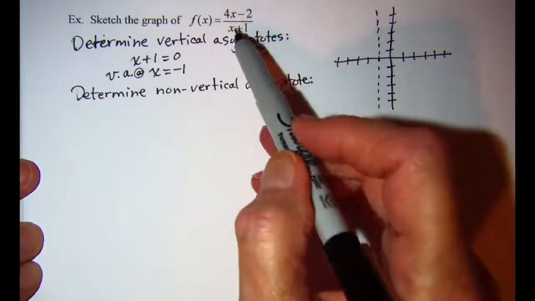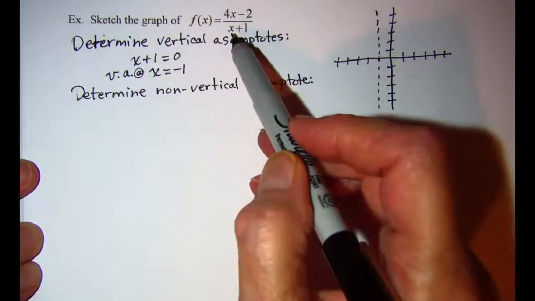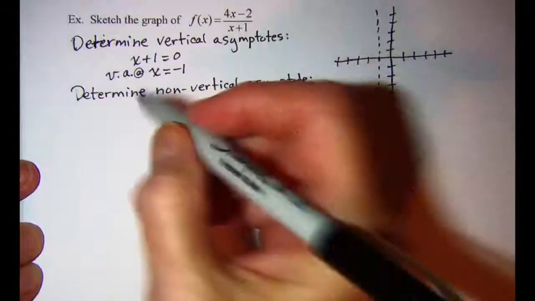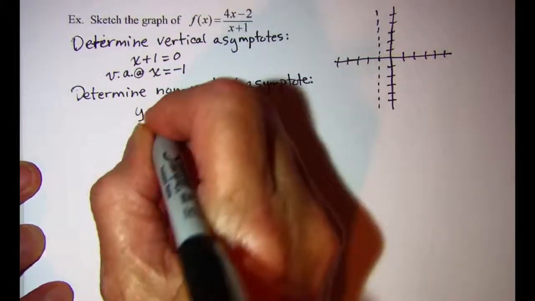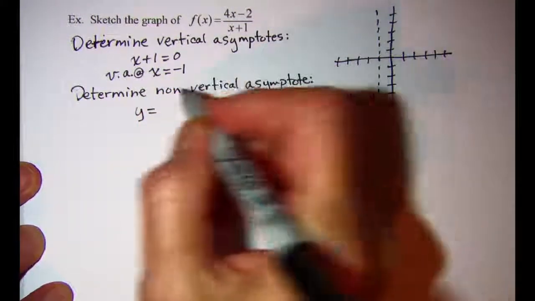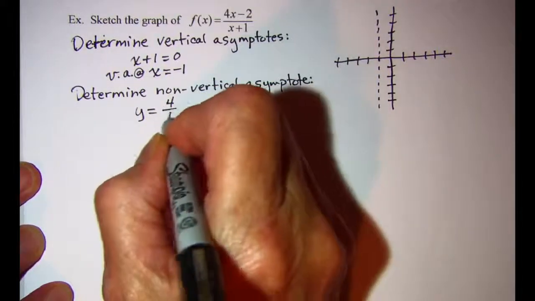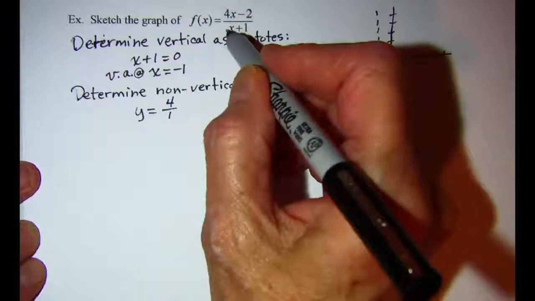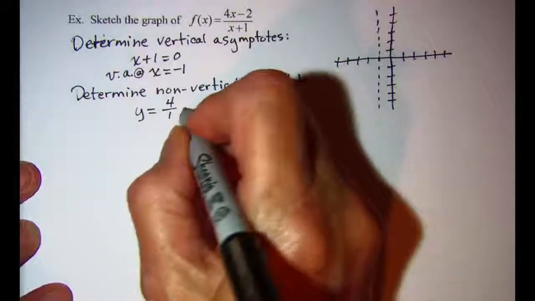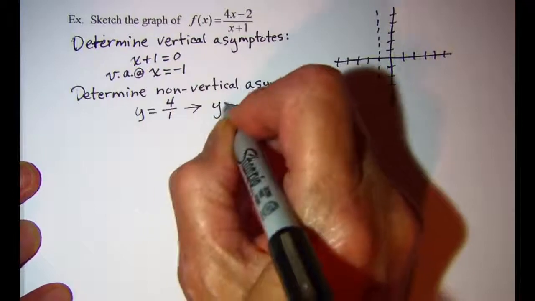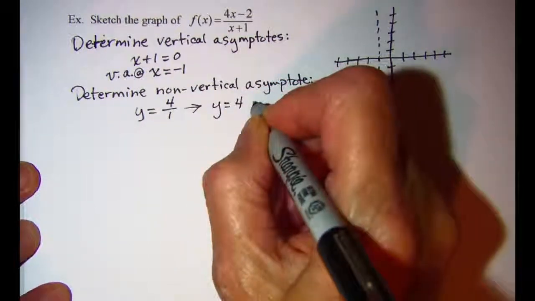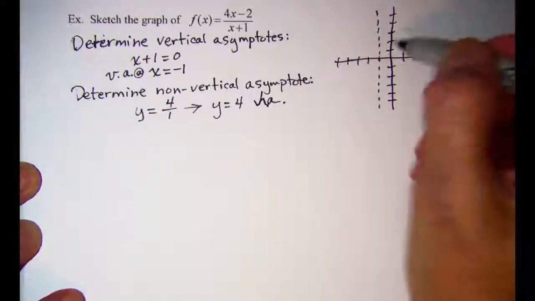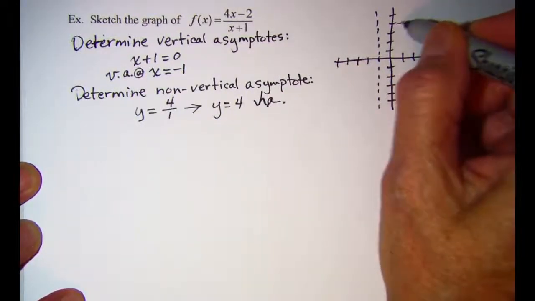Since the degree of the top and the degree of the bottom are equal, then we grab the lead coefficients. So we have a horizontal asymptote at y equals 4/1, as this denominator has a lead coefficient of 1. So y equals 4 is our horizontal asymptote. 1, 2, 3, 4.